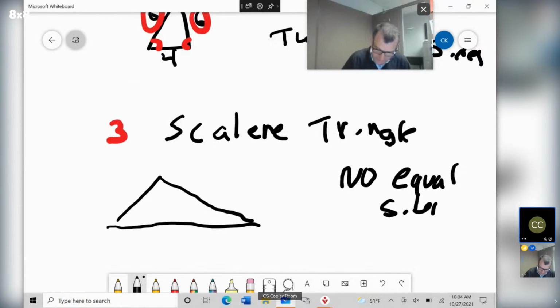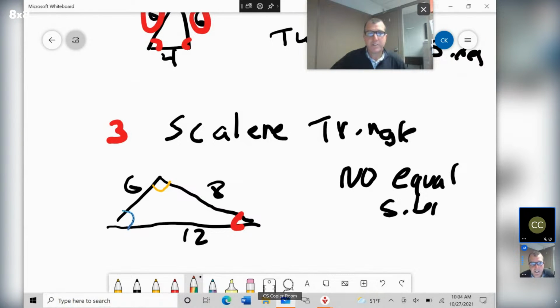Like this one might be 12, this one might be 8, and that one might be 6. There are going to be no equal angles either. So this one would be red, this one will be yellow, and that one would be blue. None of those angles are equal.